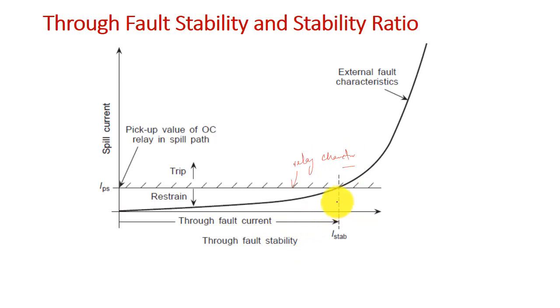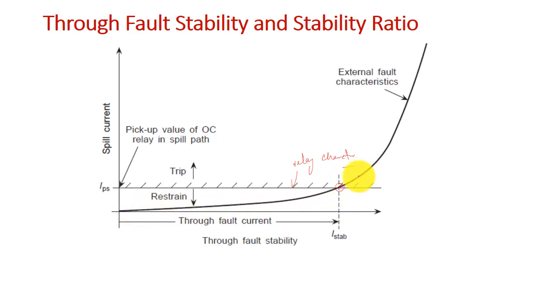Okay. Now, the point where your through fault characteristic or external fault characteristic crosses the pickup current, or the relay characteristic, is the critical point, and here we can decide this through fault current, I stab, which is passing through the CTs, below which the differential protection scheme gives a stable operation.